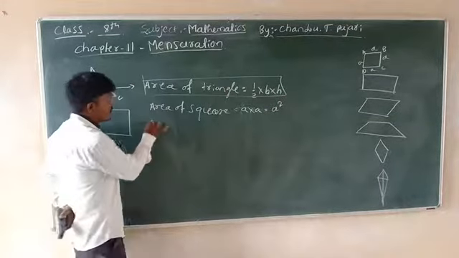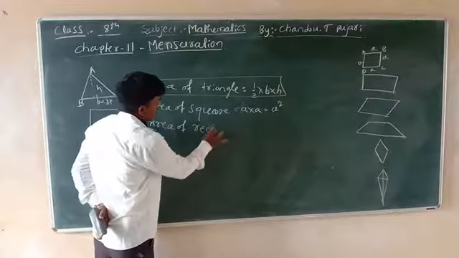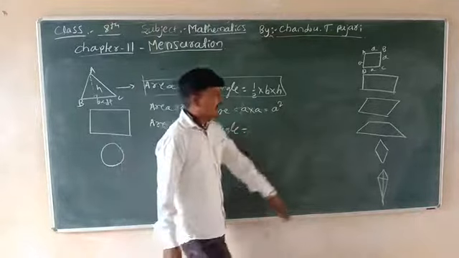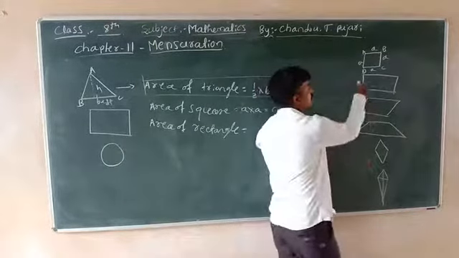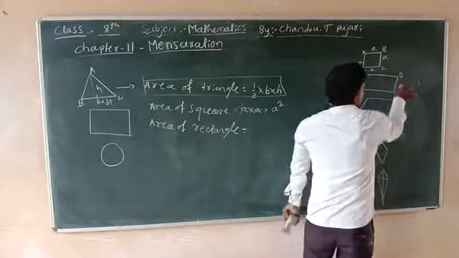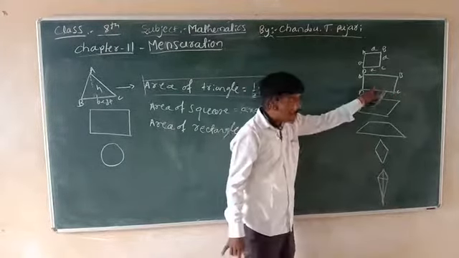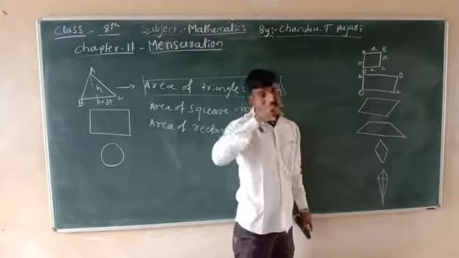Next one is the area of a rectangle. The rectangle is the second quadrilateral. Consider ABCD is a rectangle. What are the characteristics of a rectangle?